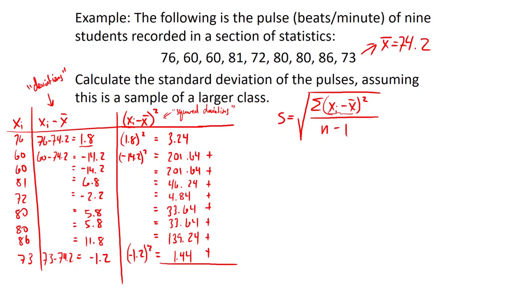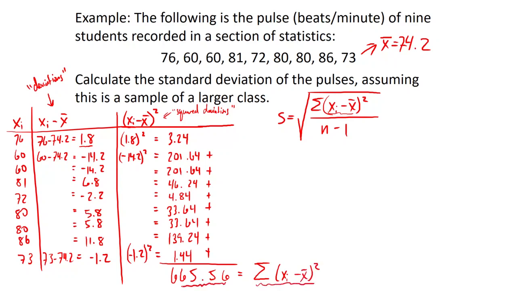Is what I got. 665.56? Sounds familiar. 665.56. Cool. So these should add up to 665.56. This right here is the sum of the squared deviations in your formula.